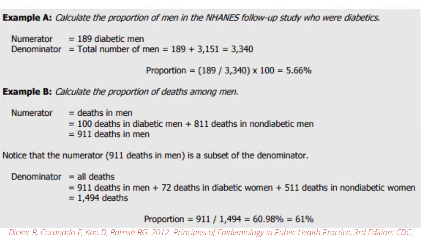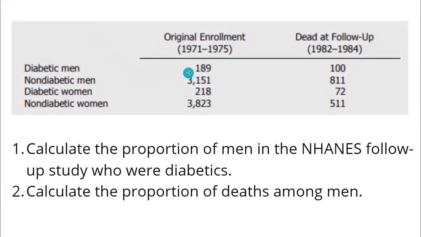So in calculating the proportion of men who were diabetics, we should take note of the total number of men who were diabetics in the first place. The total number of diabetic men is represented by the value 189. If you can recall, 189. And this 189 is actually a portion of the total number of men participating in the study.